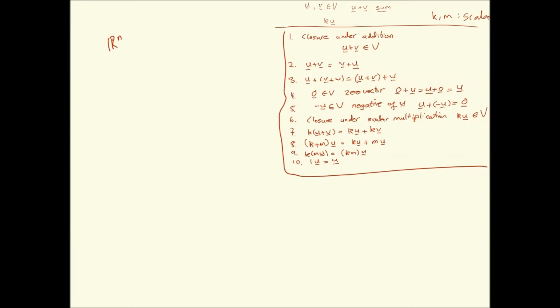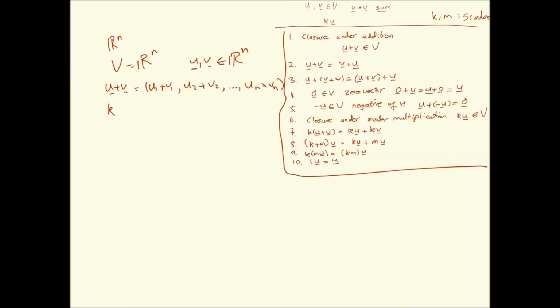So if V is Rn, then u plus v is the standard addition of vectors: u1 plus v1, u2 plus v2, etc., where u and v belong to Rn, as we have done earlier.